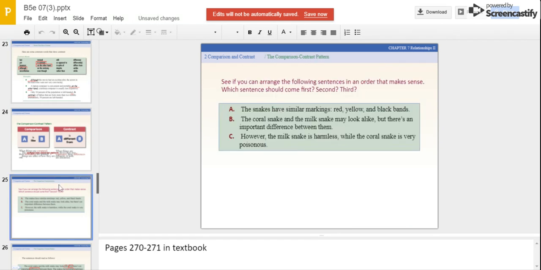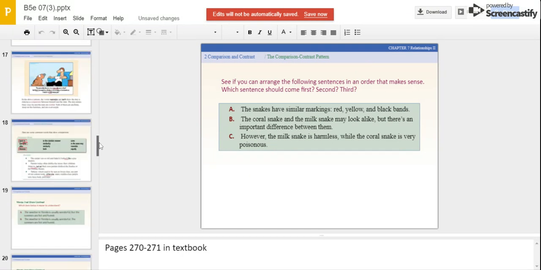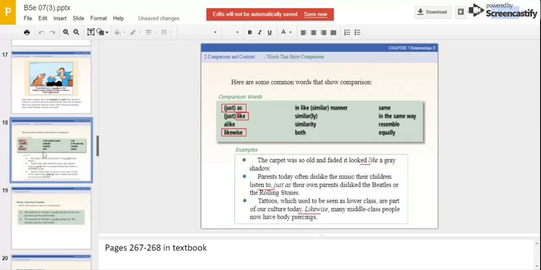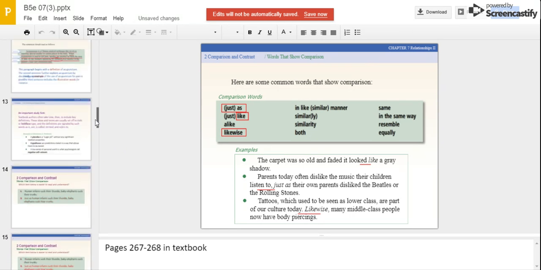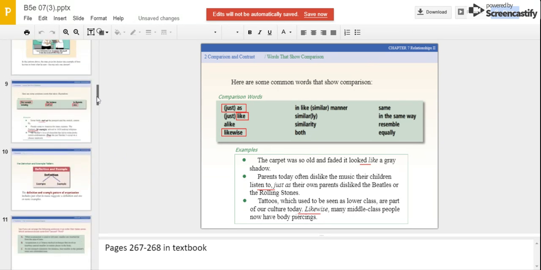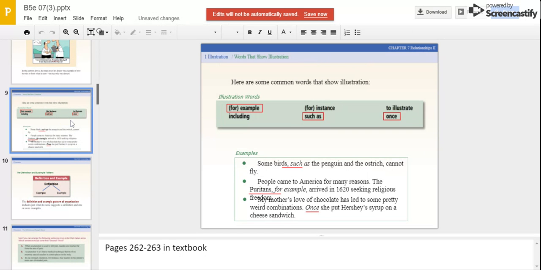For example, let's go back up a bit in the chapter. If you go to slide number 18, you'll see these are words that show comparison. Comparison means similarities. So the other list were transitions that show contrast, but these are transitions that show similarities. Okay, and there are other lists in this PowerPoint. There's one on slide 9.